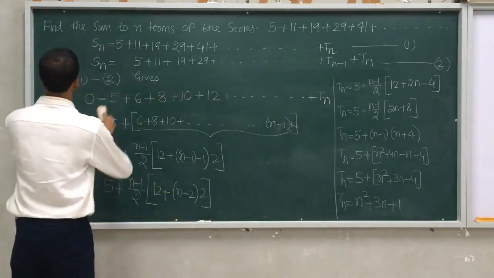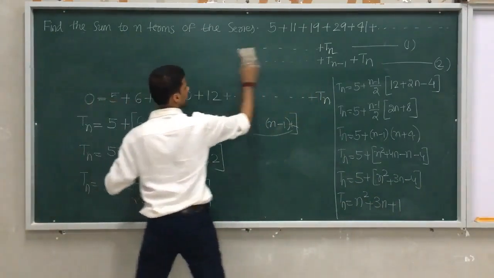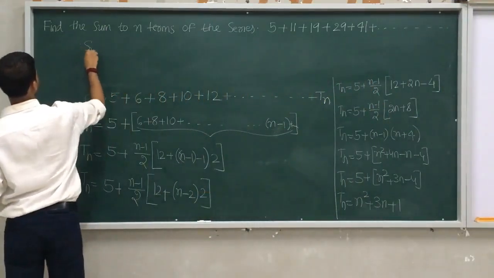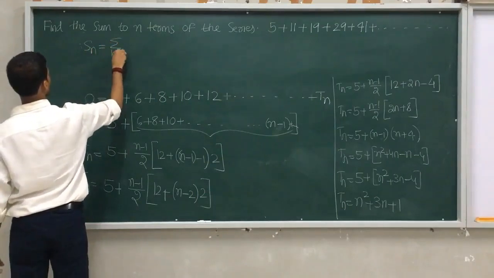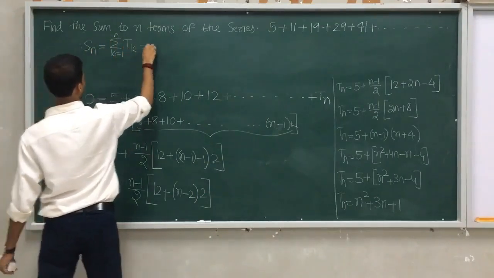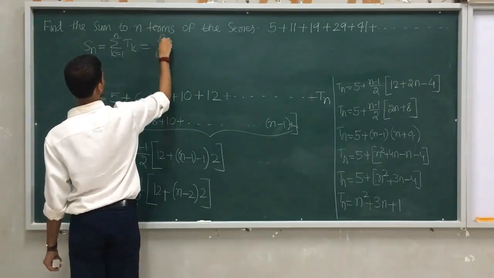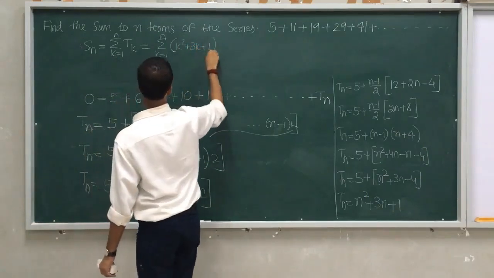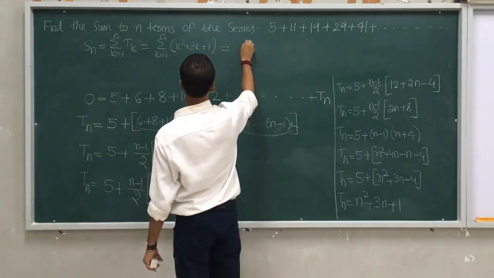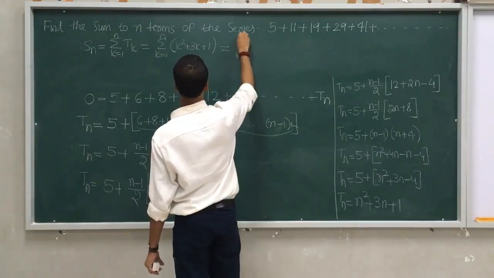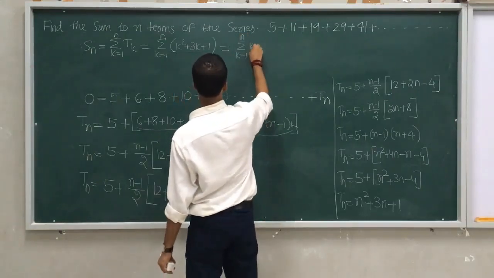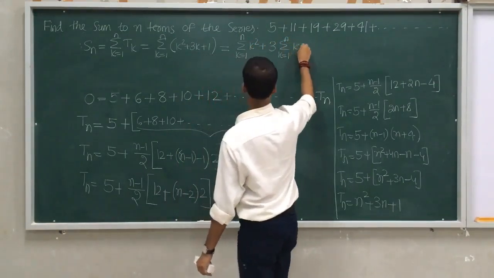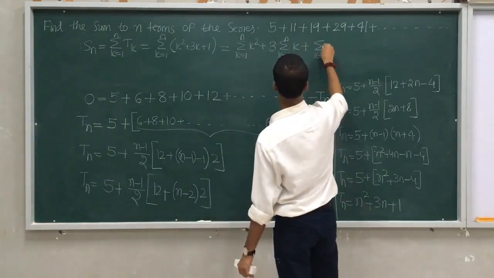So therefore I got the nth term, but I am in search of the sum to n terms, right? Therefore Sn is equal to summation k from 1 to n Tk, which is summation k from 1 to n of k square plus 3k plus 1, which is summation of k square from 1 to n plus 3 times summation of k from 1 to n plus summation of 1 from 1 to n.